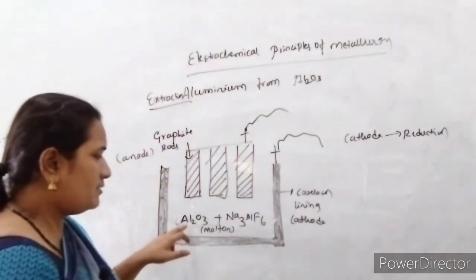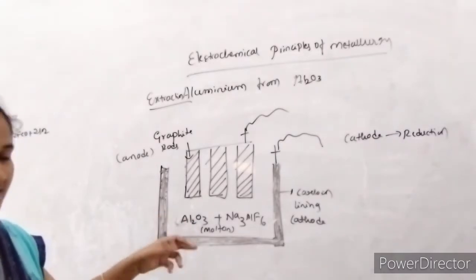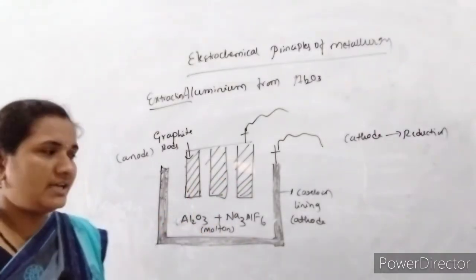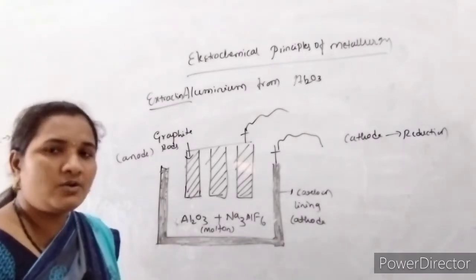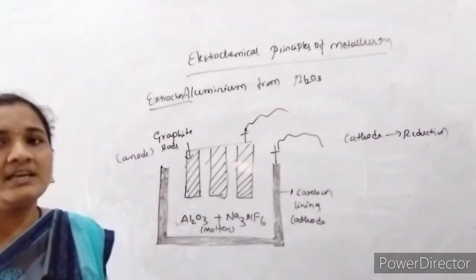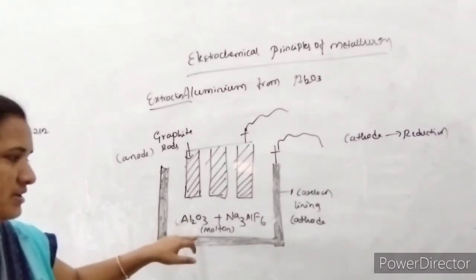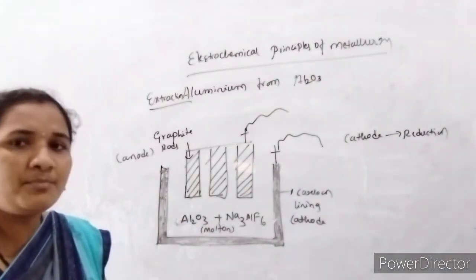The aluminium which is present in the molten state, whenever it undergoes electrolysis, is going to be ionized. As a result of ionization, we get positive ions as well as negative ions. The positive ions in this alumina mixture are aluminium plus 3.